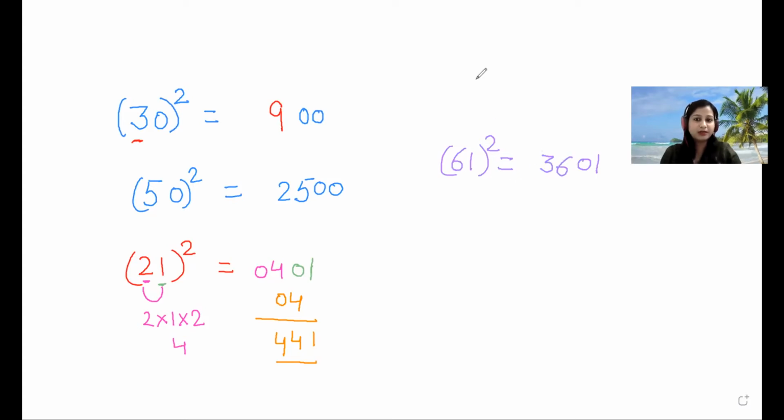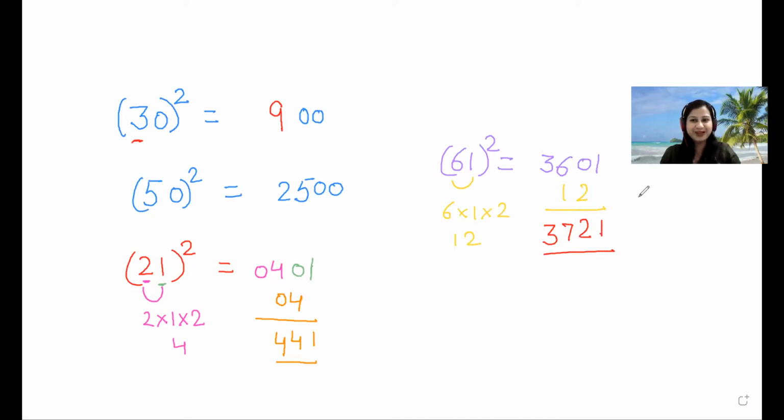Now we'll multiply these two numbers, 6 and 1. 6 multiplied by 1 is 6, and now we'll multiply it by 2. This is 12. So 12 we will write in the middle. Now we are going to add all the numbers. So what we'll get? 3721. So this would be the answer.